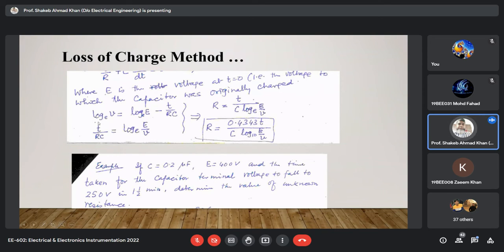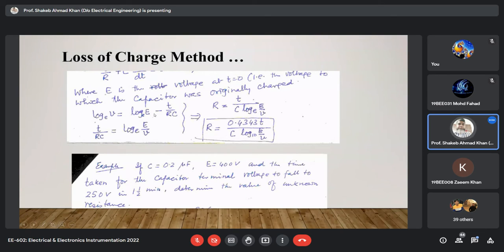If you look at this equation, this is a straight line equation, y = mx + c.